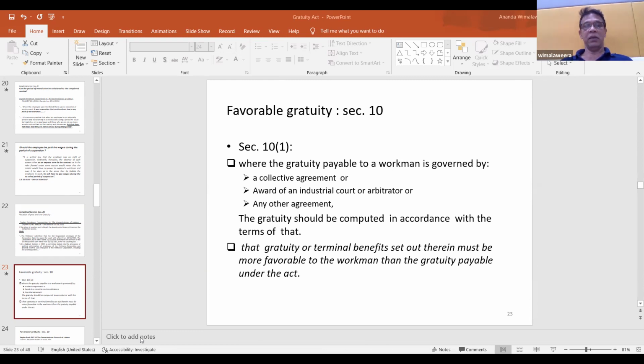Right. Next para. That gratuity or terminal benefits. This is called sometimes one of the terminal benefits.